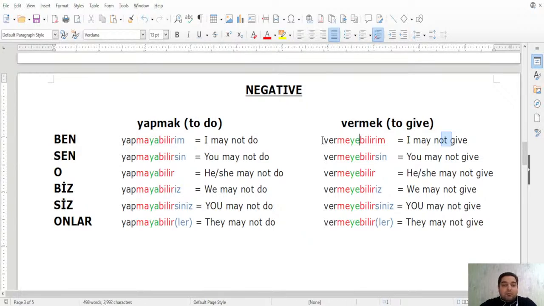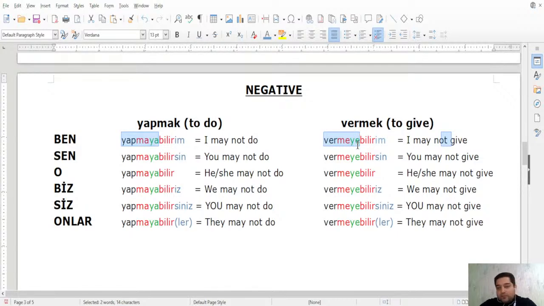It will be not maya but meya. Okay. Vermeyebilirim. Sorry, this should be a different color. I just make them all different colors for the personal endings. So here it was yapmaya. You see, for yapmak it was yapmaya. For vermek it is vermeye. So it is either maya or meya.